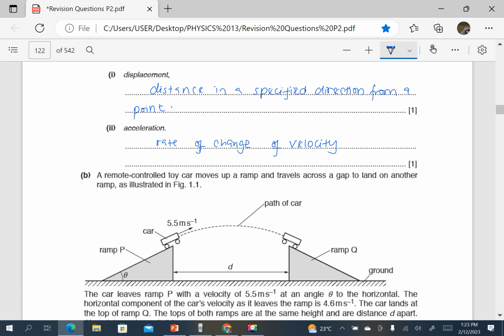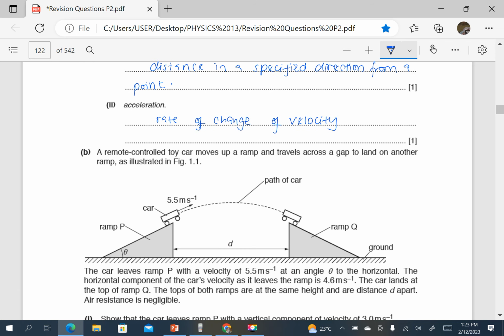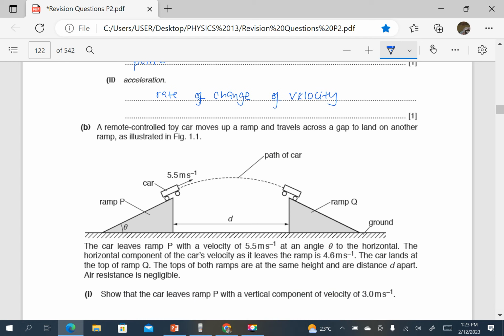A remote controlled toy car moves up a ramp and travels across a gap to land on another ramp. The car leaves ramp P with a velocity of 5.5. So it means this angle here is going to be theta. The horizontal component of the car's velocity as it leaves the ramp is 4.6.